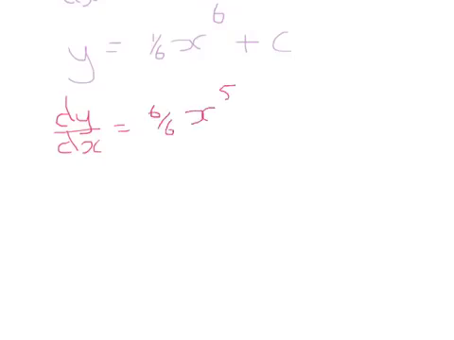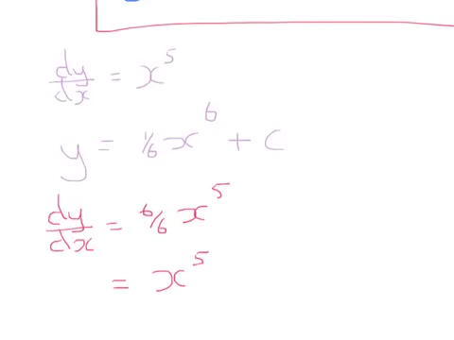Whatever that constant is, it could be 1, 2, 3, could be 400, could be minus 5, could be anything, it's going to disappear. And 6 divided by 6 is just 1, so it becomes x to the 5. So, hopefully that's what we started with. Yes, you can see that for this function, y equals 1 over 6 x to the 6, the differential is x to the 5. So I've integrated correctly. I've gone from the differential up to the original function.